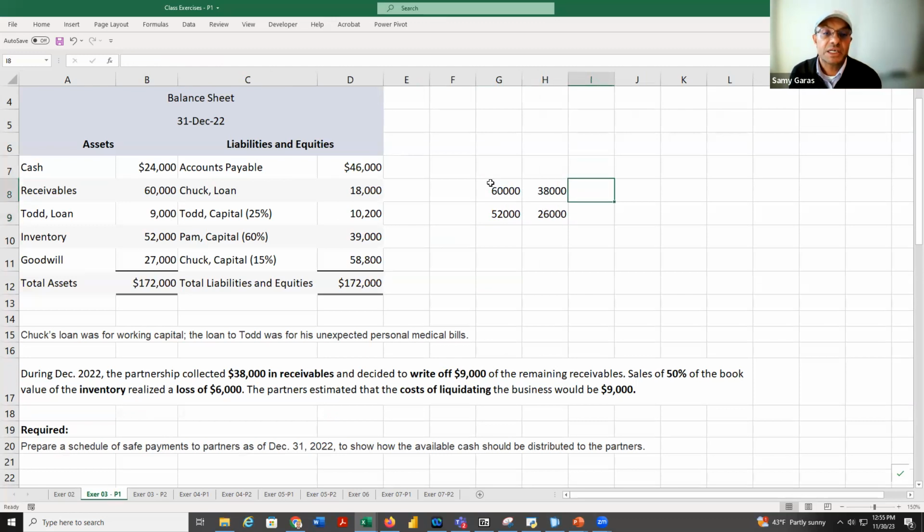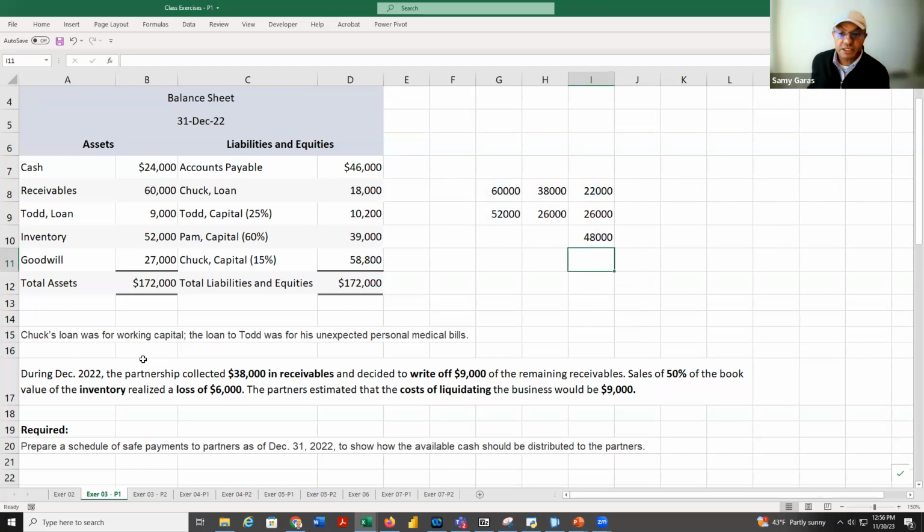So how much is the remaining? We get 60 minus 38. And here 52 minus 26, we get 26. Then we add both of them, we get 48.